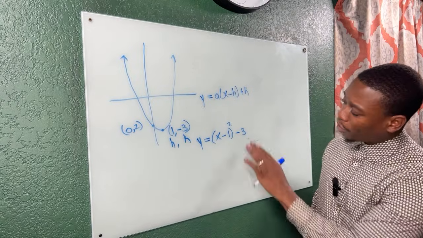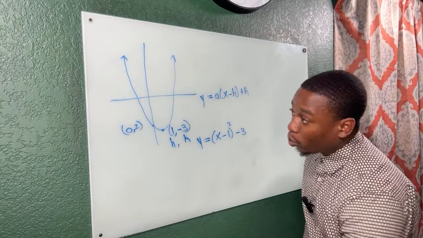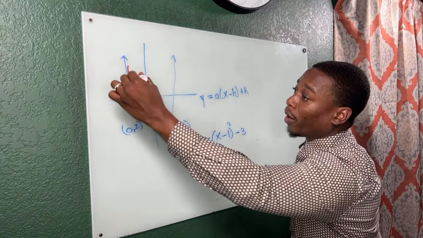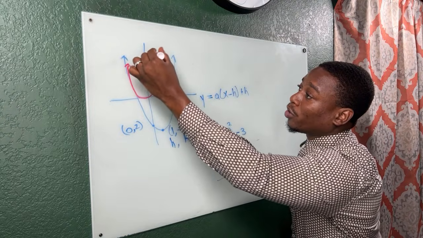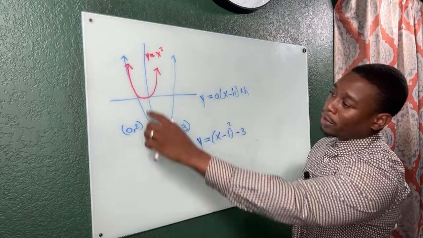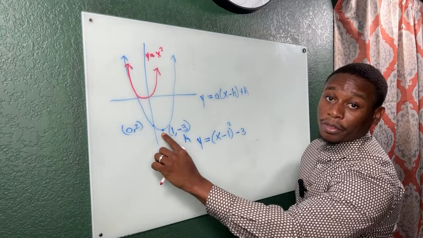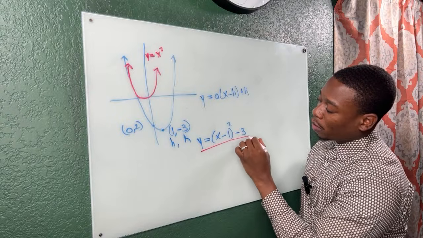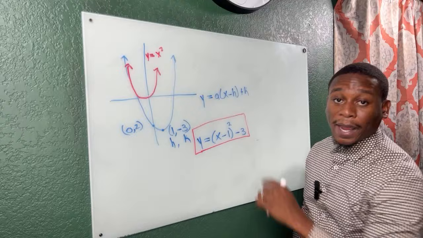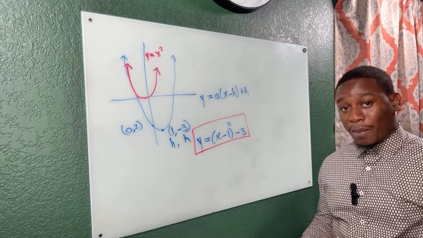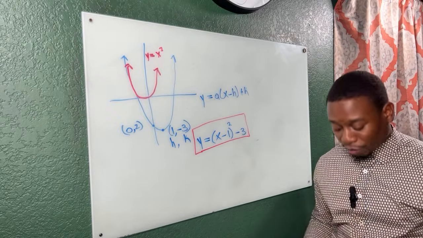Think about the transformation. If we were at the parent graph, y equals x squared, to get here, what did we do? We went to the right 1, down 3. That's what this vertex form equation is saying. So if you see these types of problems, please remember the vertex form equation because it may make it easier for you guys.